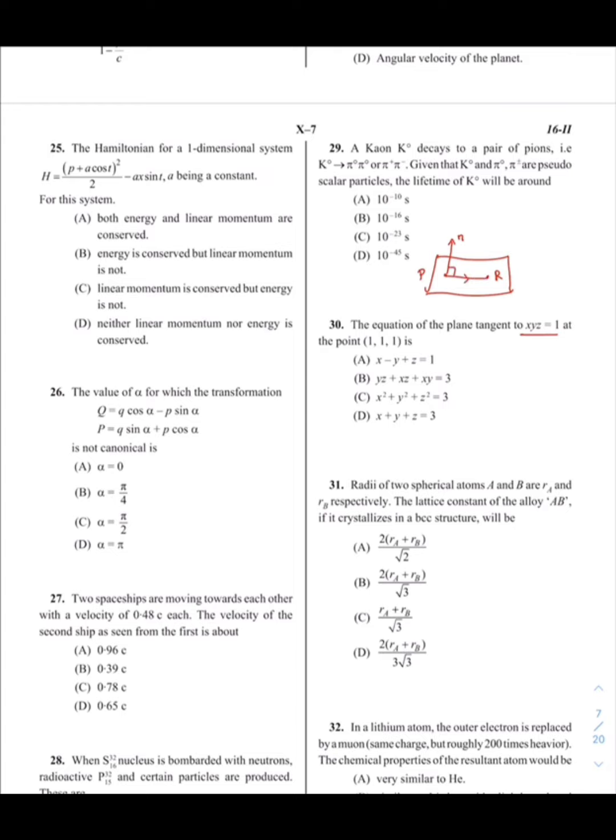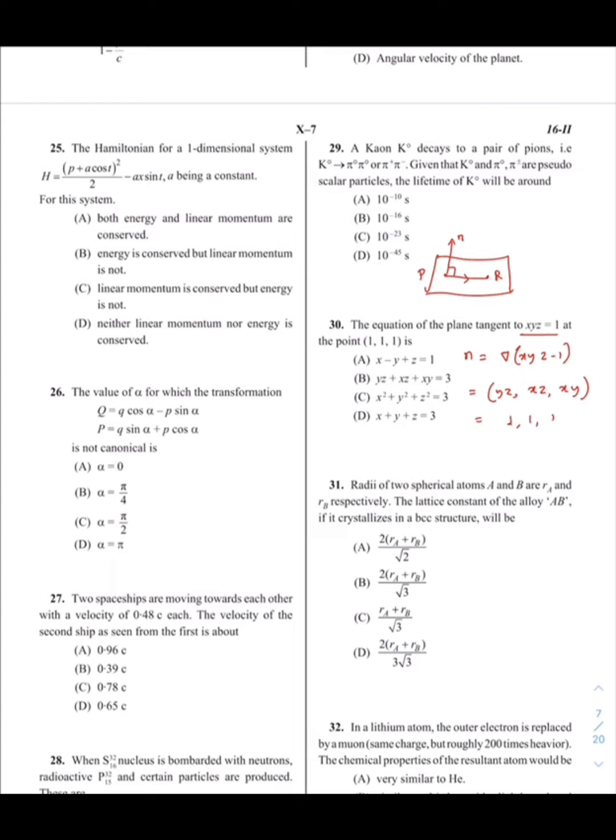The normal vector can be found by taking the gradient of the surface xyz minus 1. In vector notation, this is equal to yz, xz and xy. Now let's put 1, 1, 1 for x, y and z. So this is equal to 1, 1, 1.